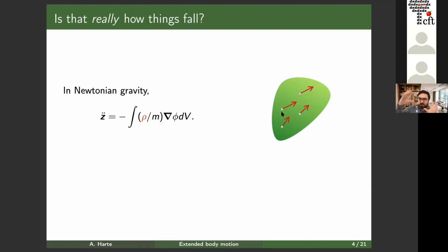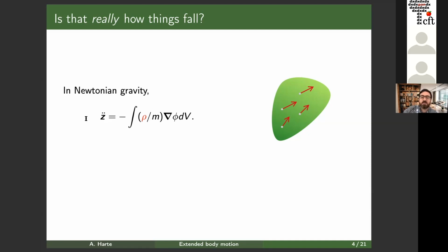Okay, so we have some object like this, and we look at little bits of mass inside this composite body, and we say that each of them experiences some little force, and you could see that the sum of these forces is going to be up and to the right, but clearly they're not all the same, and to sum all of these up, you really have some integral.